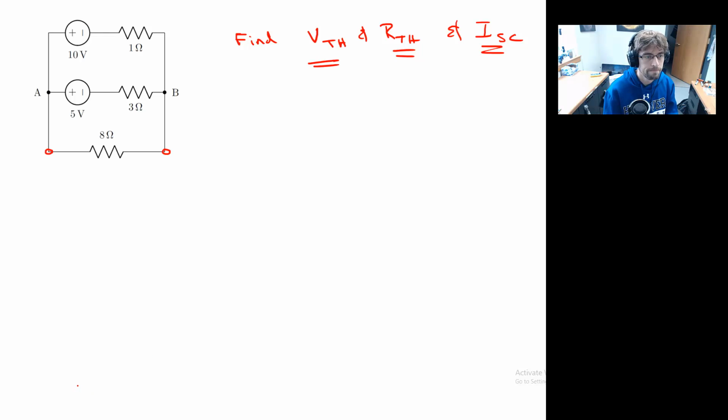Okay. Well, let's go ahead. The first step is to find VTH. In other words, let's pretend for a moment that this 8 ohm resistor is not here and it is a break. So the circuit that I am left with looks something like this.